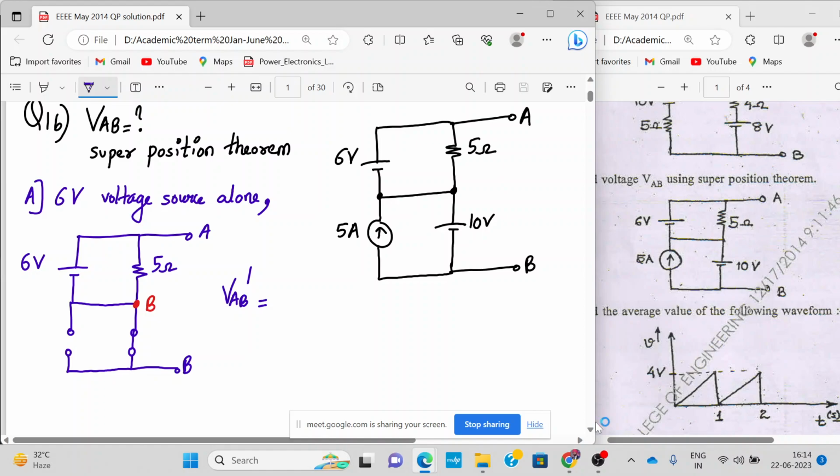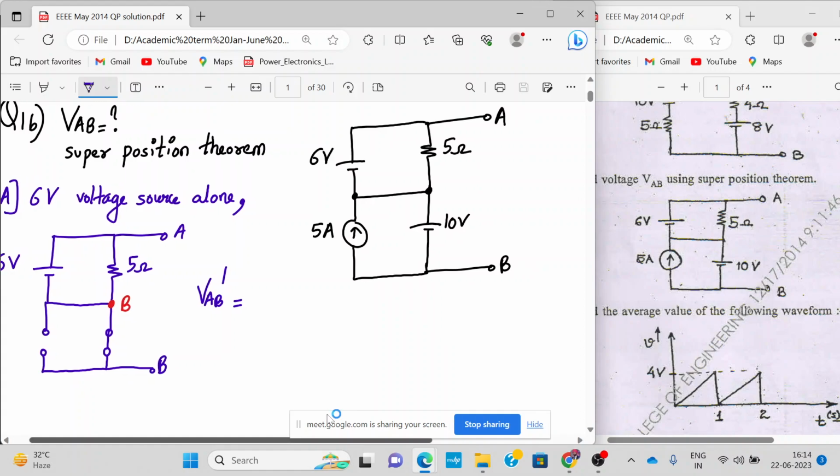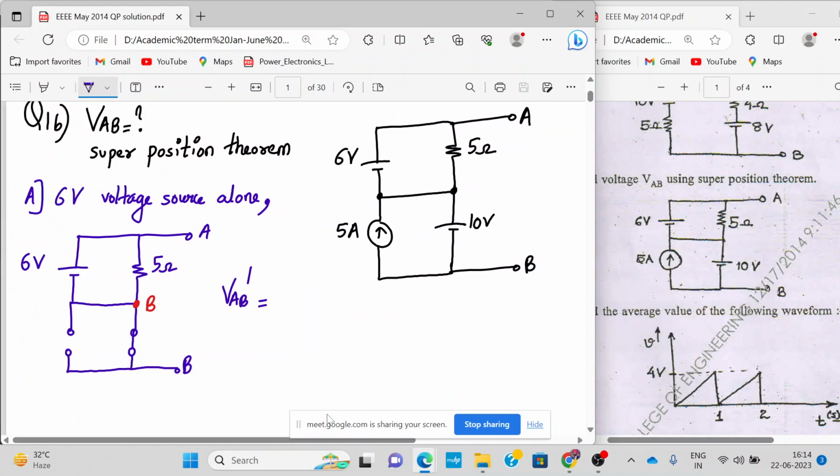You have to speak up, it should not be one way. I should know that you are all solving it. VAB dash will be 6 volt, because it is the parallel voltage. A point is over here and B point is over here, connected in parallel. Correct. So we have considered the 6 volts voltage source alone.